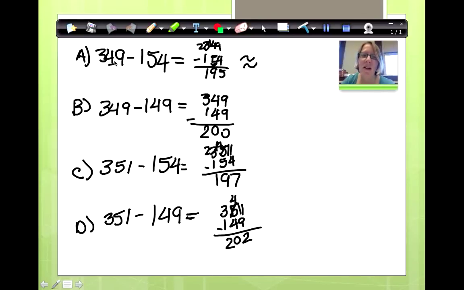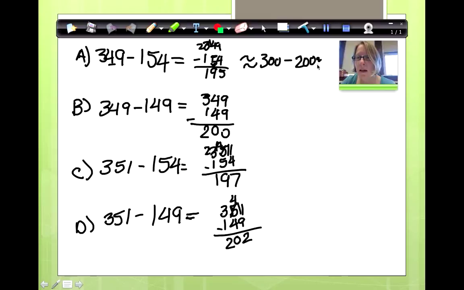Doesn't matter how close you are. If you're not to the halfway part, you have to round down. So this one is going to be 300 take away, well, this is a 50. This is above 50, so we're going to round that up to 200, which would mean that this answer here is approximately 100.